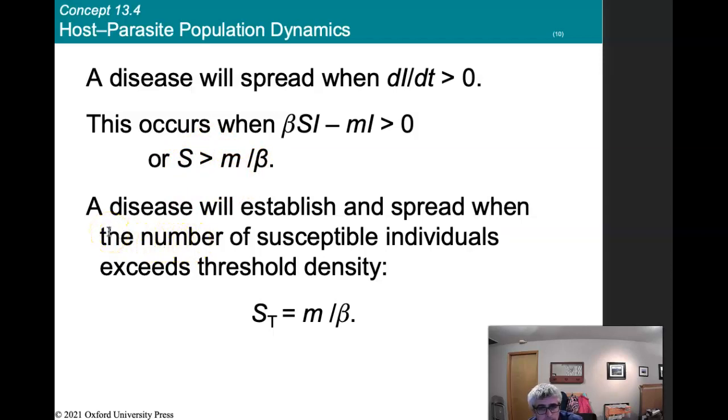And the disease will establish and spread when the number of susceptible individuals exceeds the threshold density ST equals M over B. So I wrote down a way of thinking about S is greater than M over B. I said when the number that die or recover divided by transmission is less than the number that it can spread to.